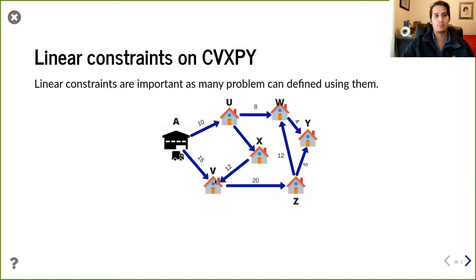For example, this could be the Chile Express route planification, and you need to go to all the houses, but just go one time to each house, and you need to do it in as little time as possible. So you can do it by modeling this problem as an optimization problem with the linear constraints.